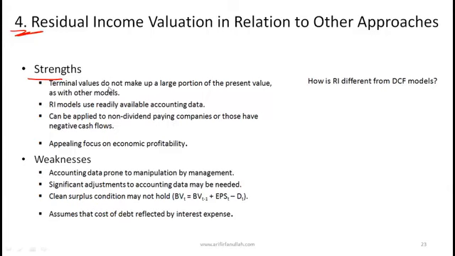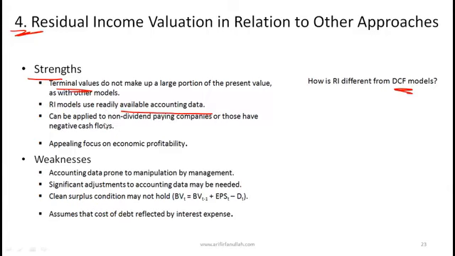Strengths are that the terminal value does not make up a large portion of the present value. Unlike most discounted cash flow models, where the terminal value is a significant component of the value of a company, in the residual income model the terminal value, which you arrive at based on lots of assumptions and forecasts, is a relatively small part of the value. Residual income models use readily available accounting data.